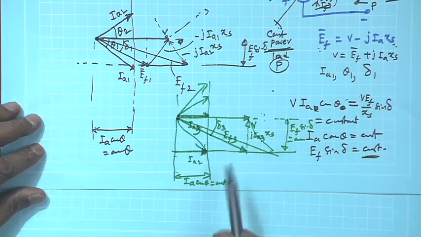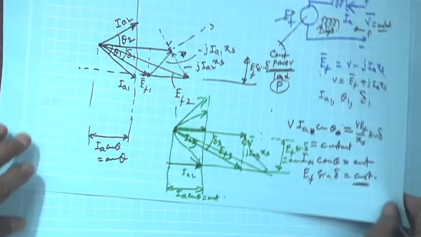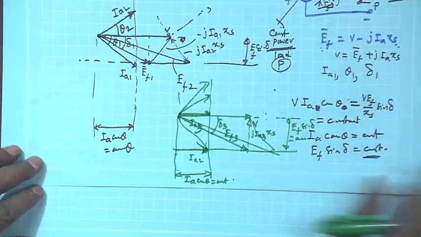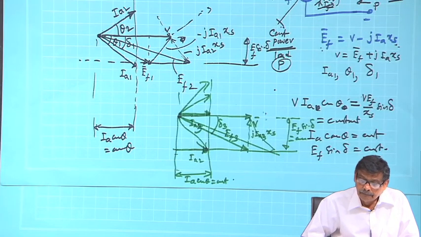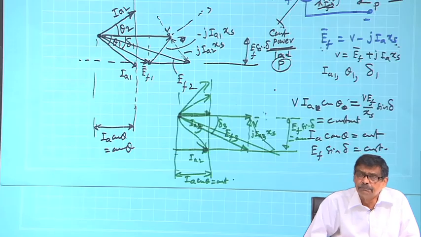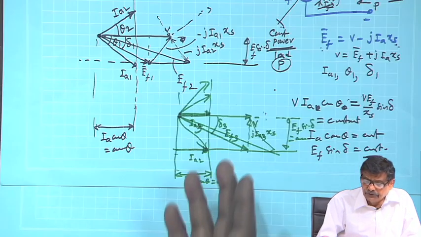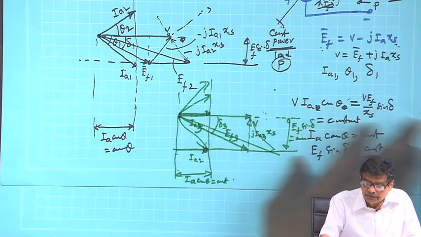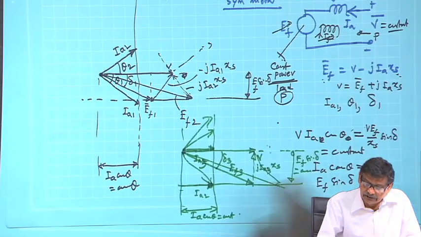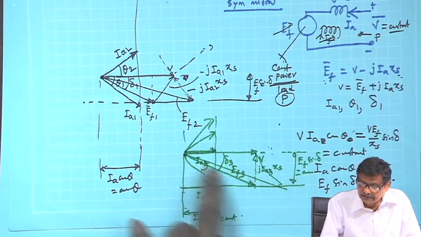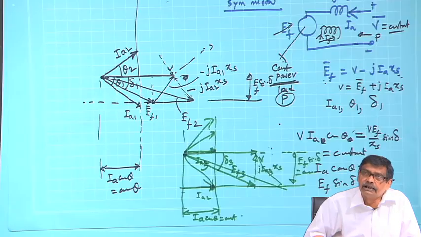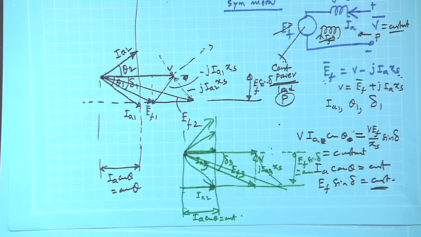So, once again you see, as you vary the excitation of the synchronous motor, you can operate it at any power factor you like. It may be unity, it may be lagging, it may be leading, but you should know that when it becomes leading power factor, the synchronous machine becomes over excited, because length of E_f will become more than length of V. Under excited, V length will be less than E_f.